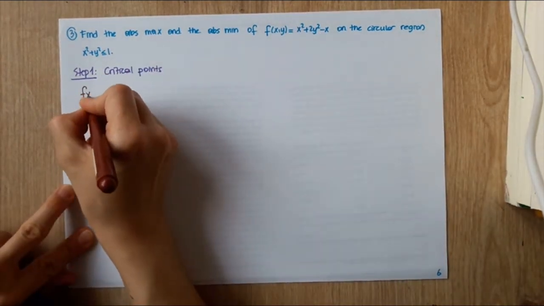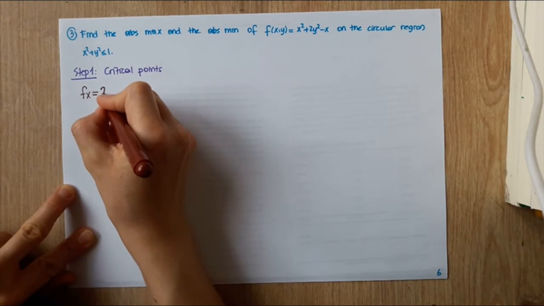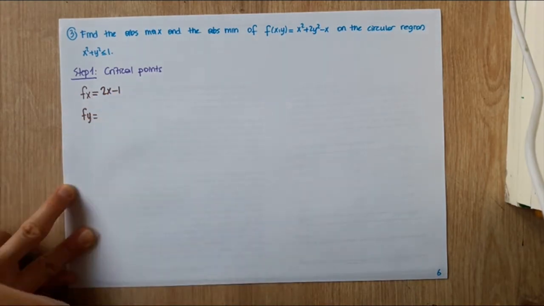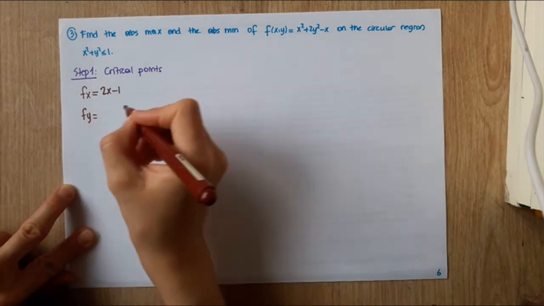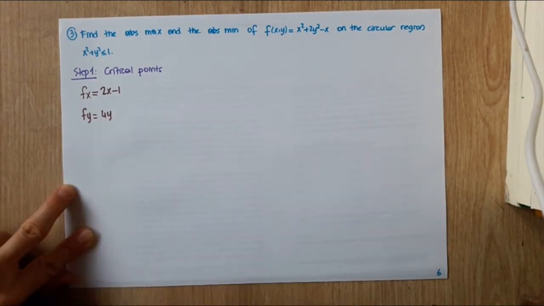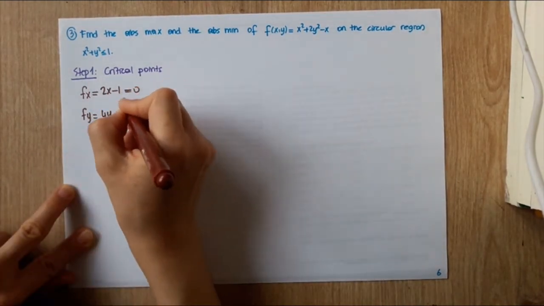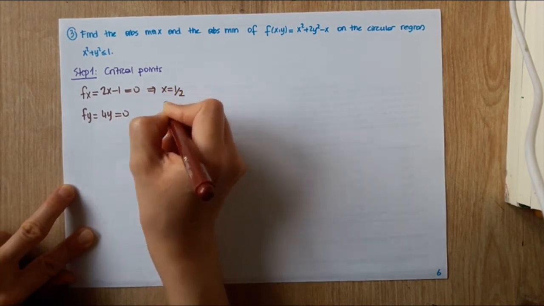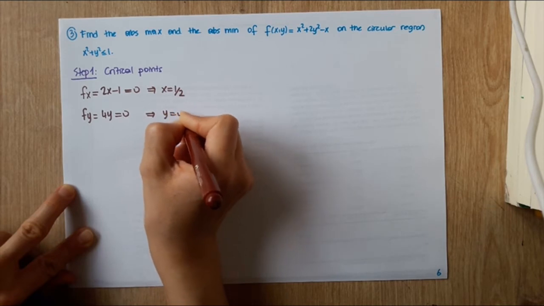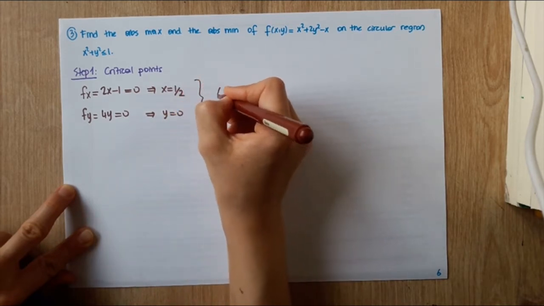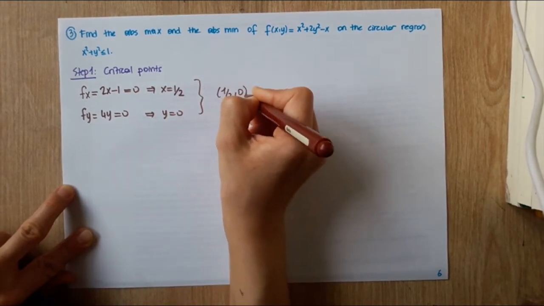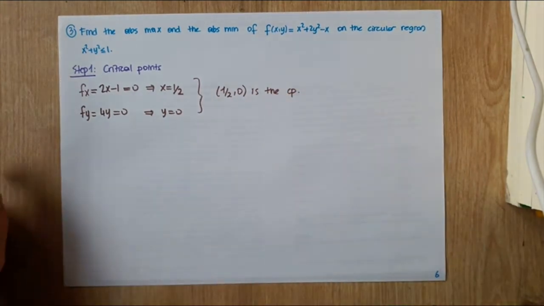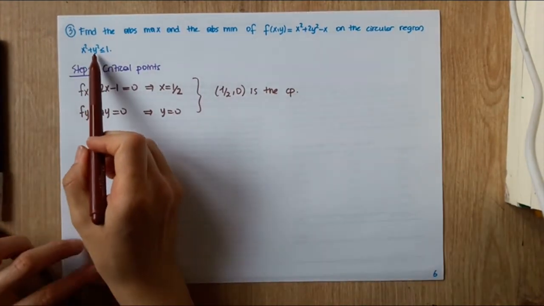The first derivative of this function with respect to x will be 2x minus 1. And the first derivative of this function with respect to y is directly 4y. Okay, if I equate them to 0, then from here I have x is 1 over 2, and from here I have y is 0. So 1 over 2, 0 is the critical point. But we should check whether or not it is in the given region.